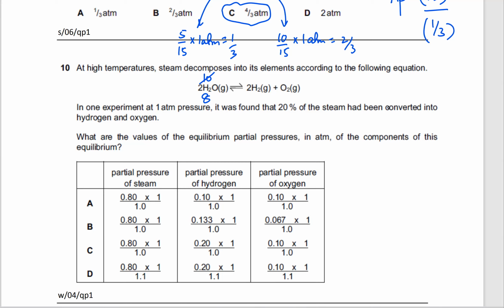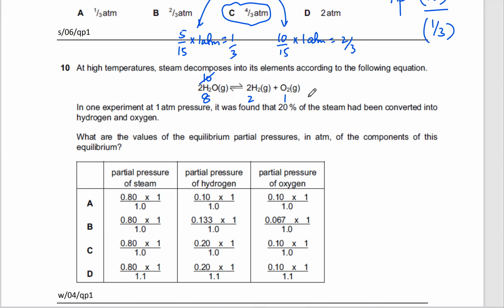It's going to be 2 and 1, because 2 reacted, right? Is this clear? No, I don't really understand. Yeah, out of 10, 20% got dissociated. So that means 8 is left, right? Yep. So how much reacted? Two of them reacted, right? 2 got dissociated.